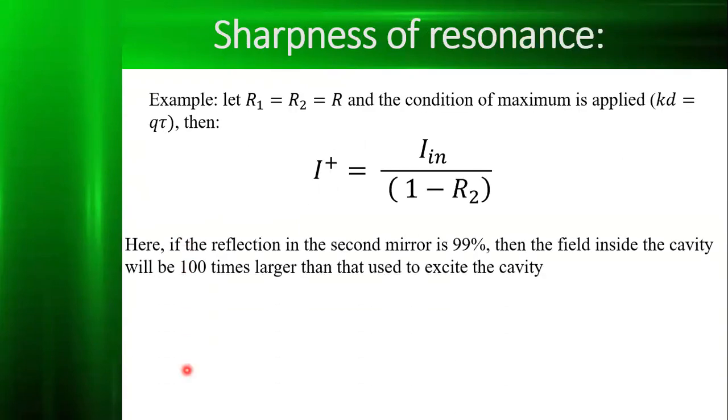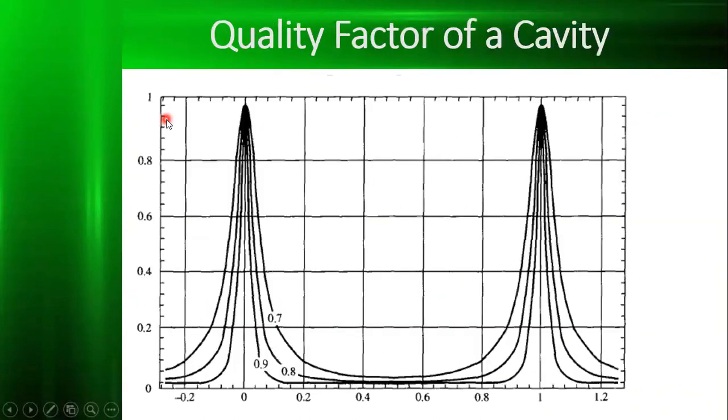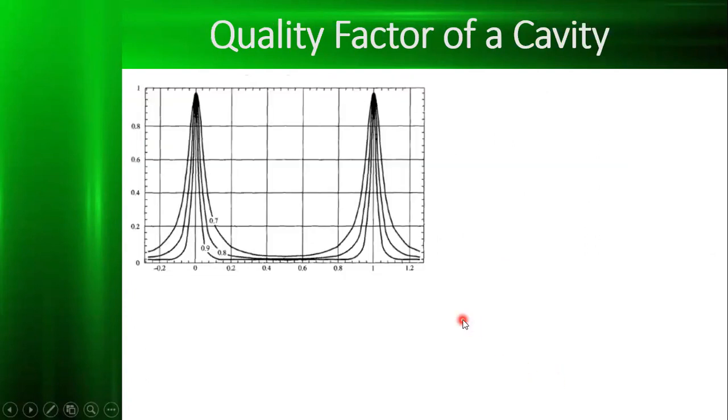So again, when the phase is equal to integer multiples, pi, or 2 pi, or 3 pi, or something like that, you can say that the transmission is equal to 1. So here you can see that T equals 1 if and only if the phase is equal to a multiple of pi.